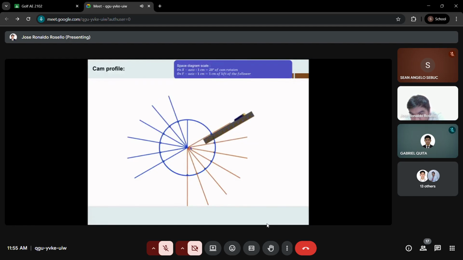Now we'll draw the displacement diagram also simultaneously over here, which we have already seen how to draw and how to measure the distances, and those distances will transfer on these particular lines. First, we'll start with the outstroke, as you can see over here.